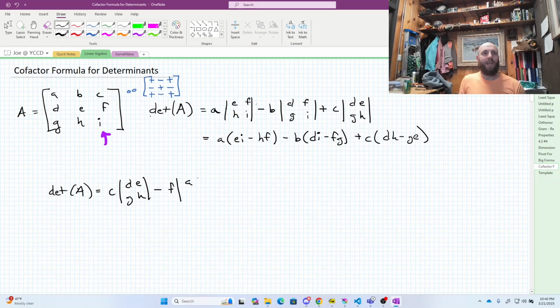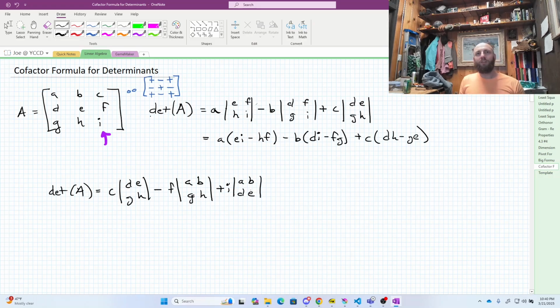So that's going to be A, B, G, H. And then I'm going to add, and I'm going to delete the row and column that I is in. So I'm going to get I times the determinant of A, B, D, E.